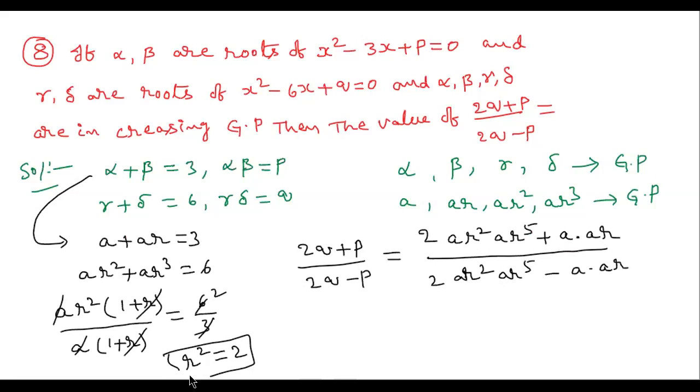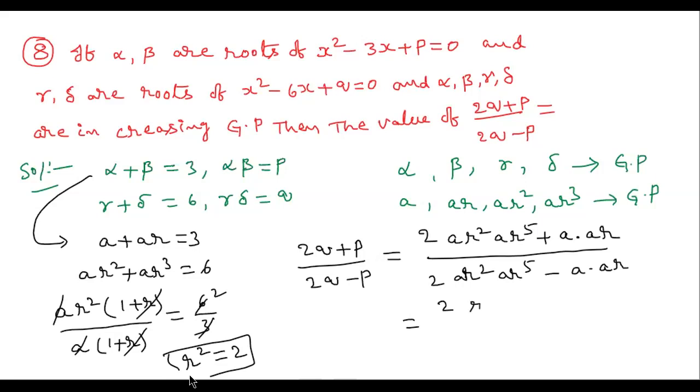Now observe here, R square value is 2. A square common and cancel it, remaining 2 into R square into R power 5, that is R power 7.